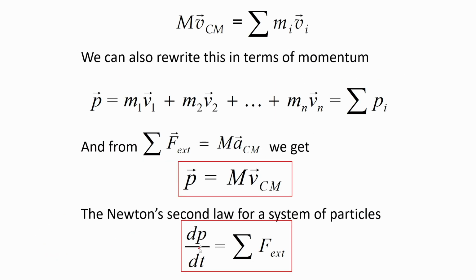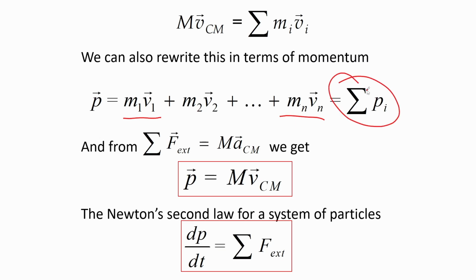This expression we can also rewrite in terms of momentum. If you remember, momentum is just mass times velocity. So total momentum is m1 v1 plus m2 v2 and so on up to mn vn. It is just the sum of the individual momentums.